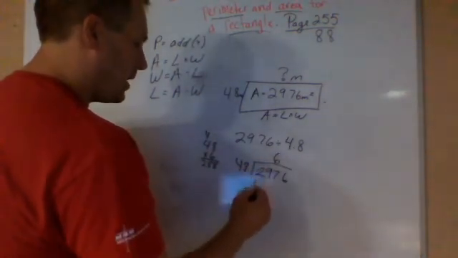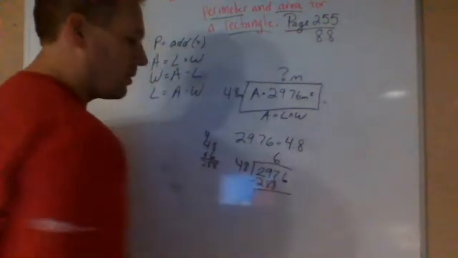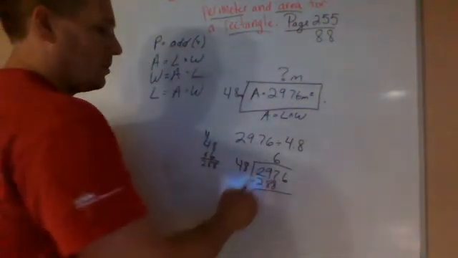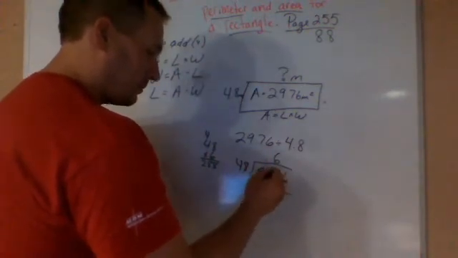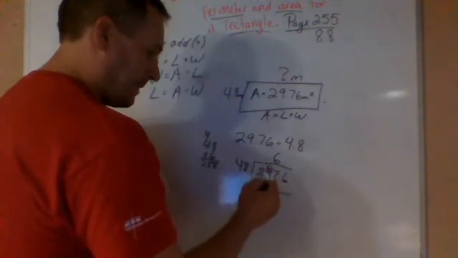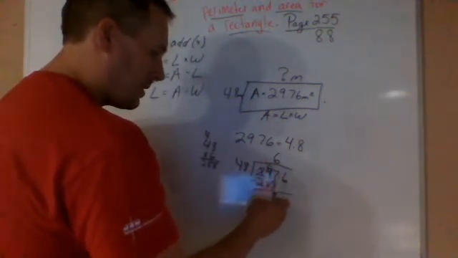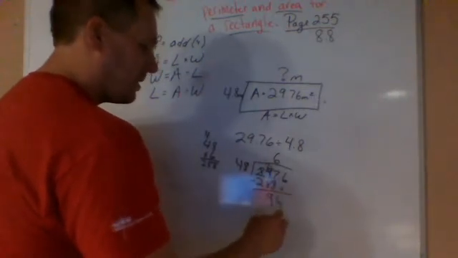So 6 times 48 is 288. And I'm going to subtract those. So 297 minus 288, I need to borrow here. That gives 9. Then I'm going to bring down the 6.